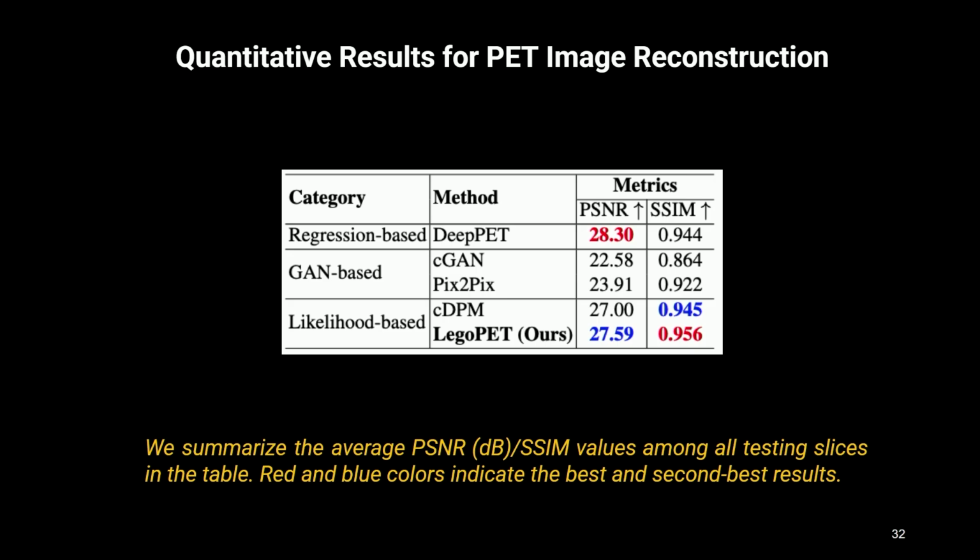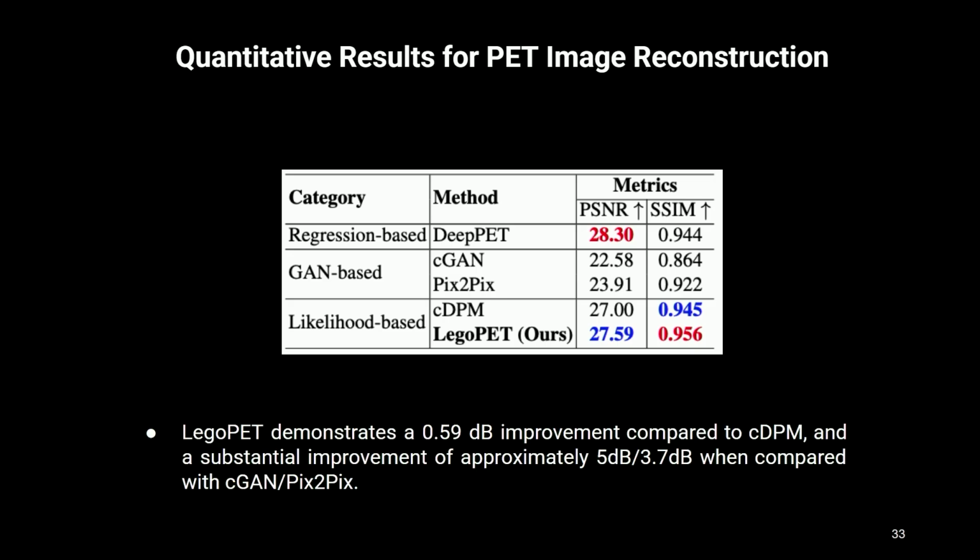So we summarize the quantitative results in this table. We can see that the LogoPET demonstrates a 0.59 dB improvement in PSNR compared with CDPM, and a substantial improvement of 5 dB and 3.7 dB when compared with CGAN and Pix2Pix.